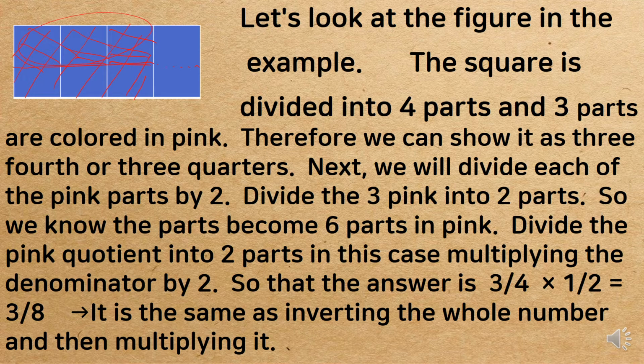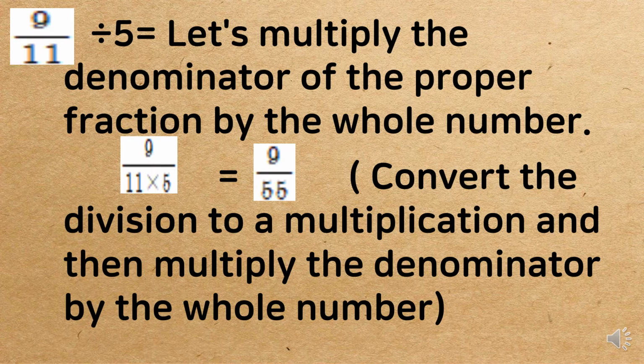So the answer is 3/4 times half equals 3 times 1 equals 3, 4 times 2 equals 8, 3 over 8. It is the same as inverting the whole number and then multiplying it.